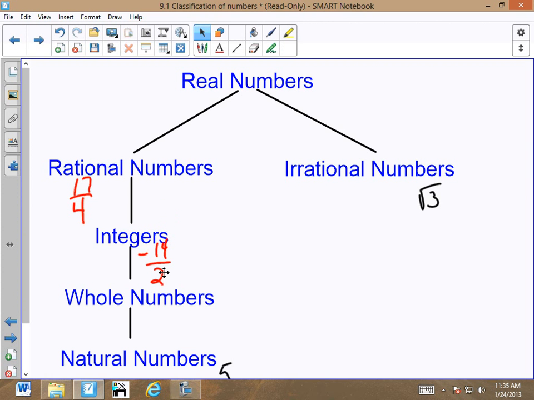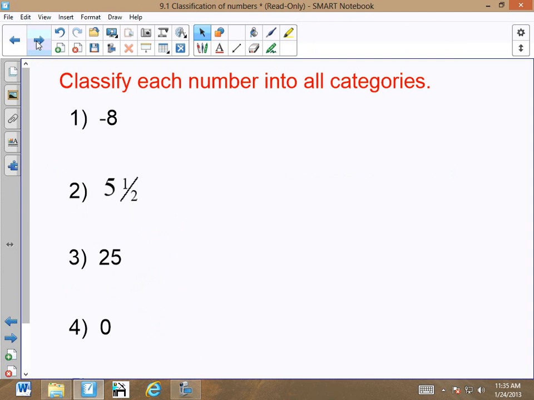So it is an integer, because it is really negative 7. So now I'm going to erase it, and I'm going to write negative 7. Now, is negative 7 a whole number? Whole numbers are positive and 0, so it stays right there at integer. This is how we classify numbers, okay? That's how we're going to classify all these numbers here.